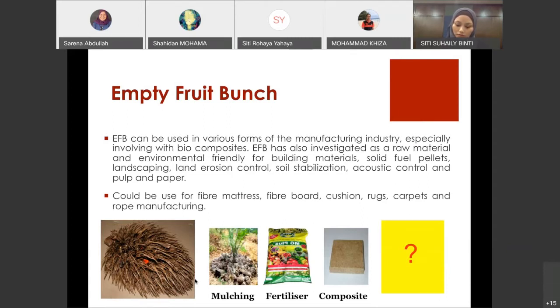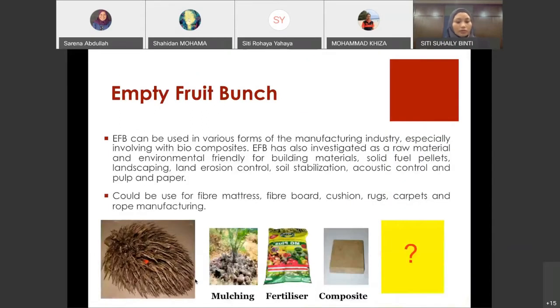Therefore, in this research, the focus is on the use of EFB fiber and how it can be used as a material in producing yarn and woven fabric. I try to utilize this material to produce something valuable for the textile industry.